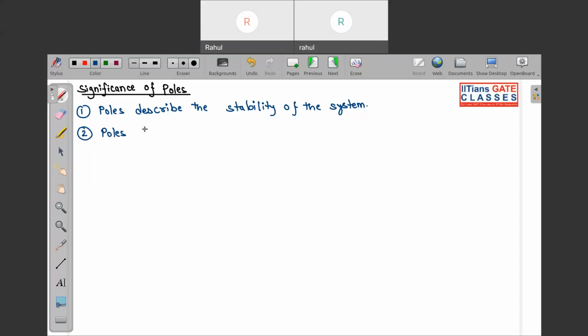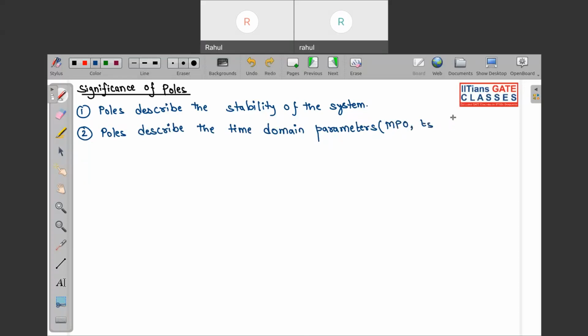So I am going to write: poles describe the time domain parameters like maximum peak overshoot, settling time, etc. Even delay time, peak time.